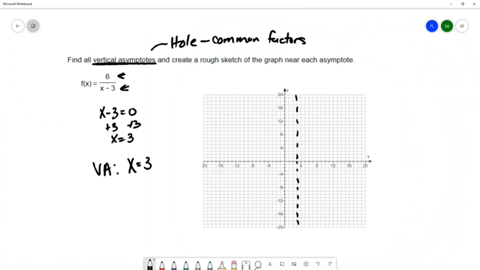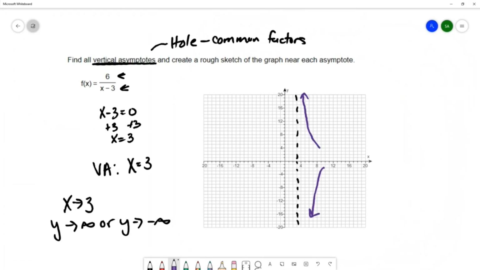And the definition of a vertical asymptote is that as x approaches that value, the y will approach infinity or y will approach negative infinity. And so we need to figure out whether we're going to be drawing that graph going towards positive infinity or negative infinity.